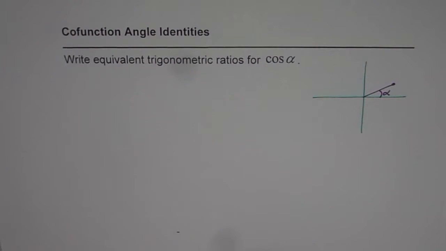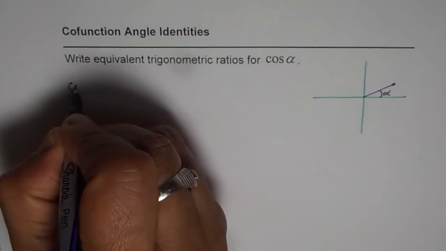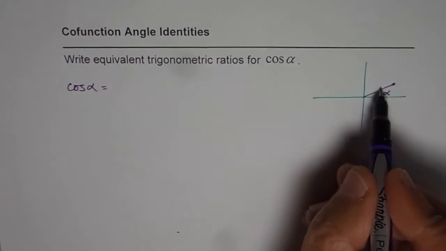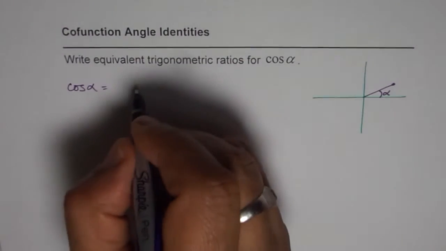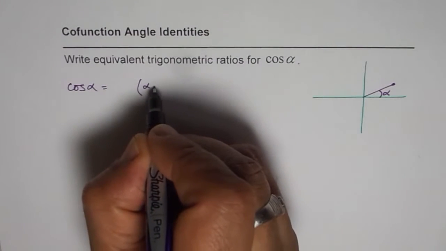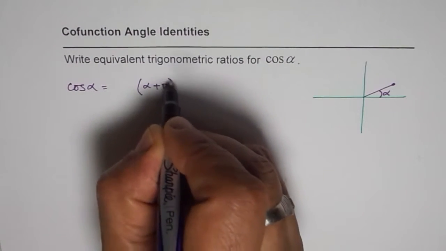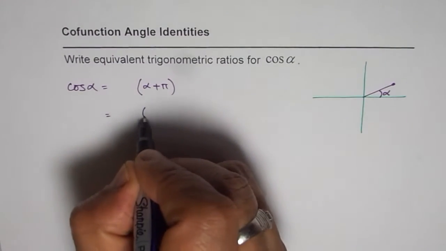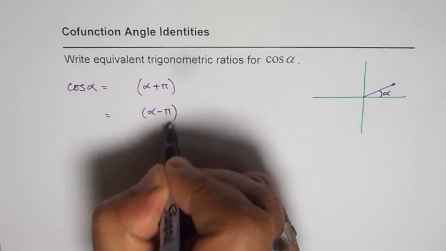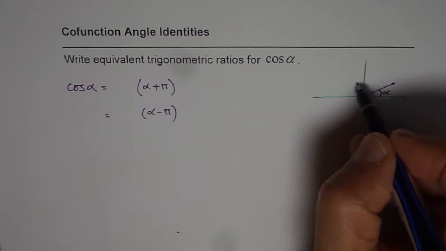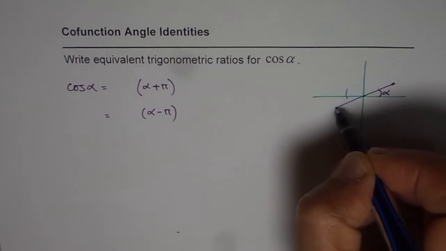So we are going to write cos of alpha in terms of sine and cosine for different rotational positions. Let us consider first the rotation positions where alpha is added with pi, or alpha is subtracted with pi, right? Then what happens? Alpha plus pi will bring us to quadrant 3. Is it okay?